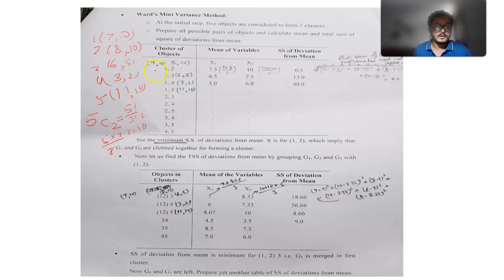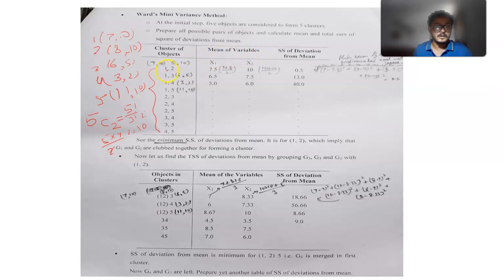So these are the 10 clusters of objects: 1 comma 2, 1 comma 3, so actually G1 G2, G1 G3, G1 G4, and so on. So we find the mean of the variables for each.